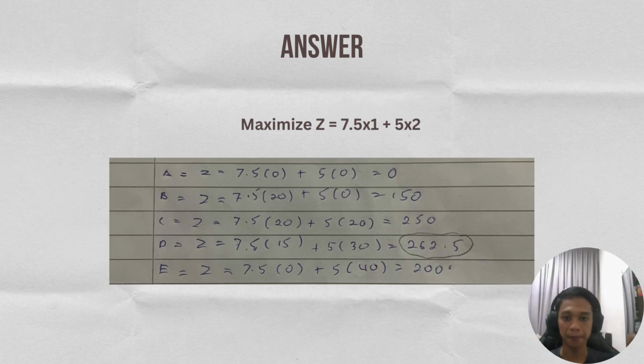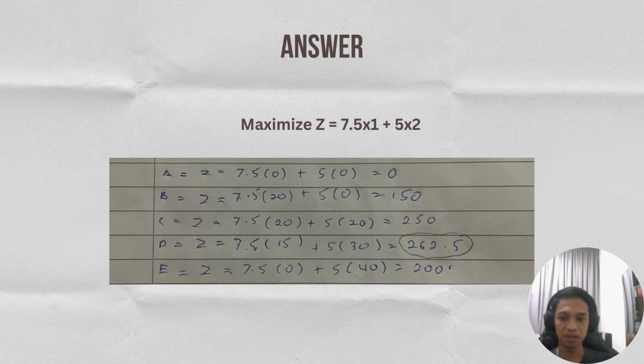Then after we finish drawing the lines on the graph, we can conclude by using the equation maximize z equal to 7.5 x1 plus 5 x2. So we use the equation again with the new coordinates. For coordinate A, z equal to 7.5 times 0 plus 5 times 0 equal to 0.